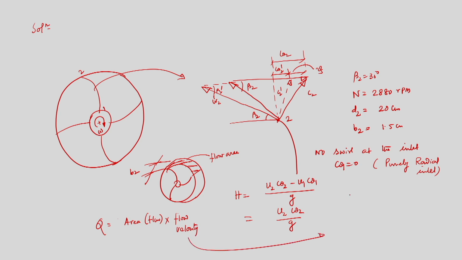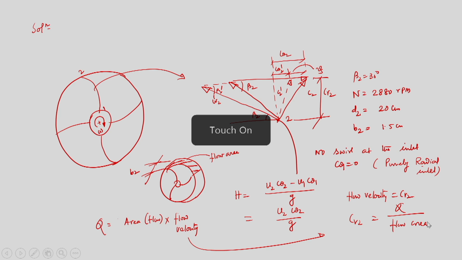That is, Cr2 will be Q divided by flow area.